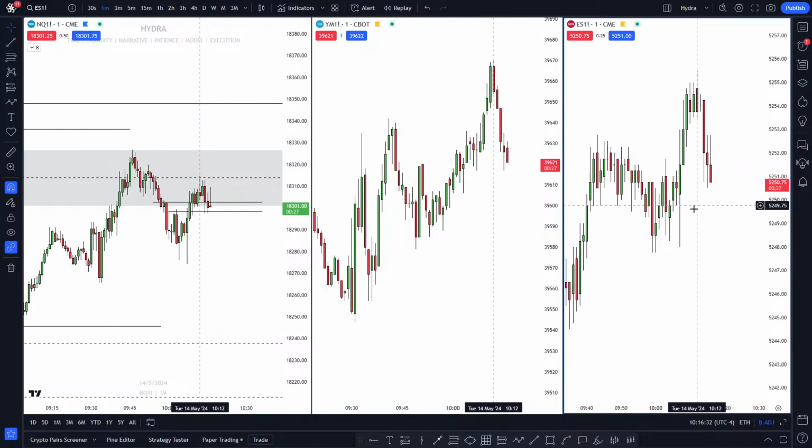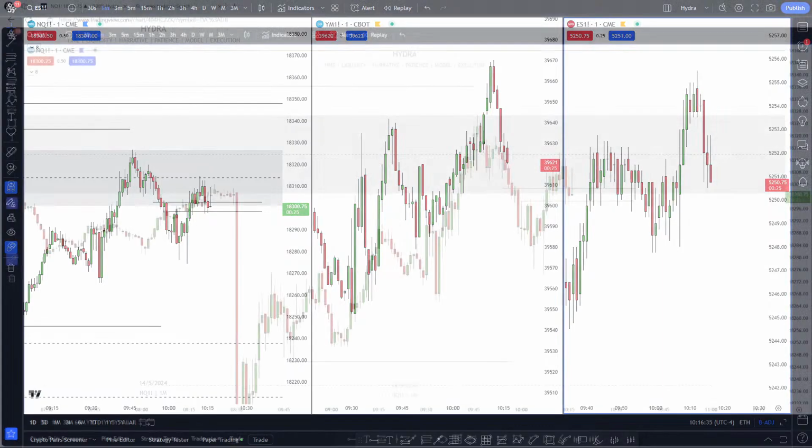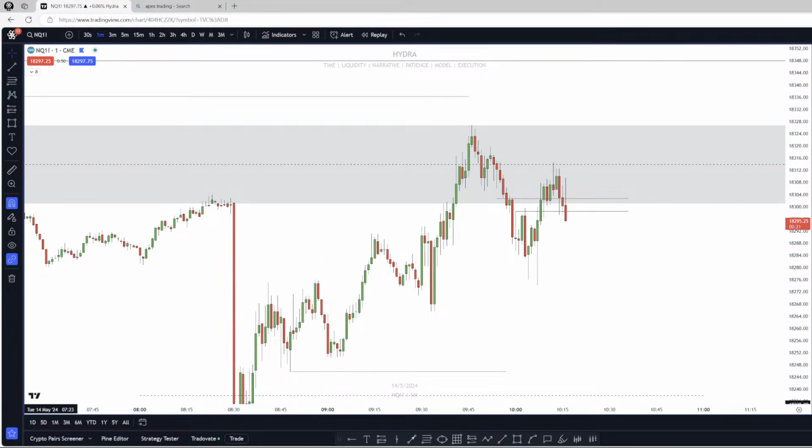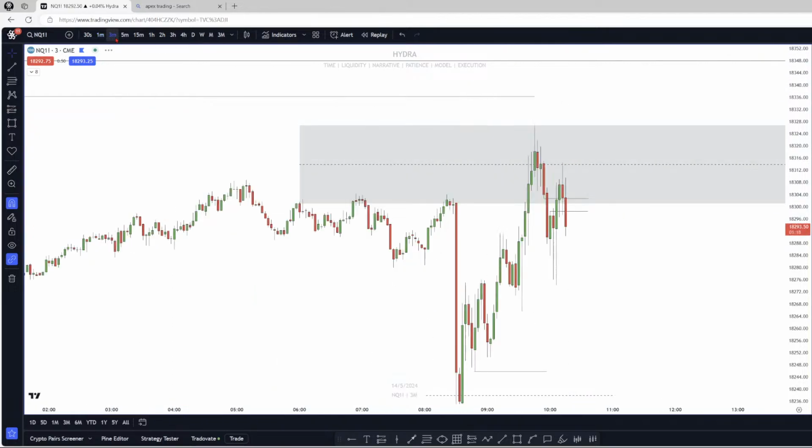So ES already confirmed that we are bearish. Very nice respect. But I still don't see an entry though on NASDAQ. I'll wait 4 more minutes. 3-minute fair value gap: we want to see price closing this candle below it.